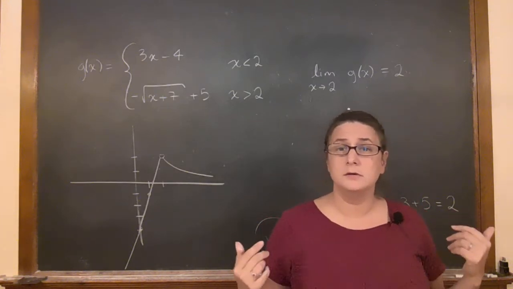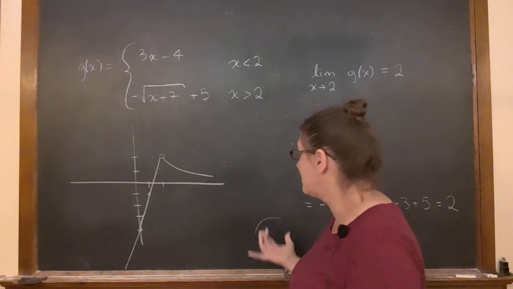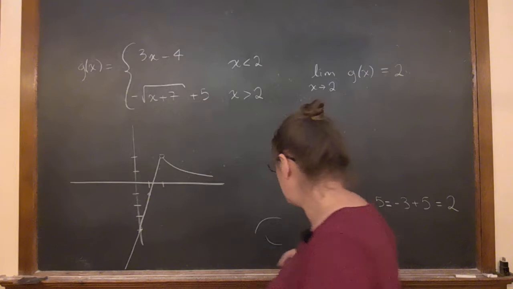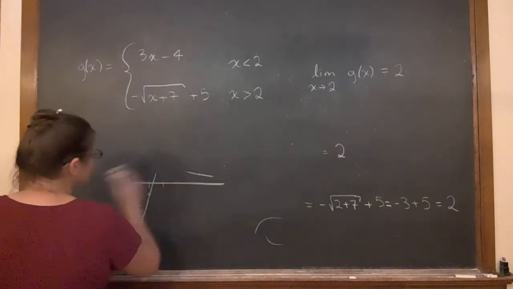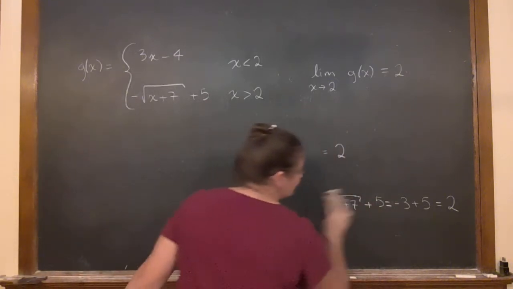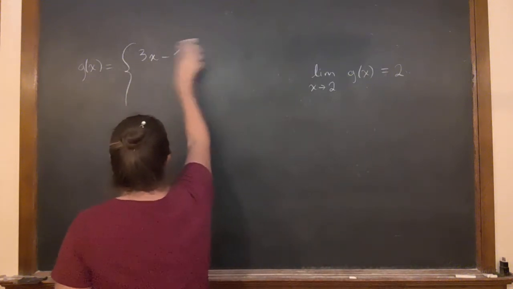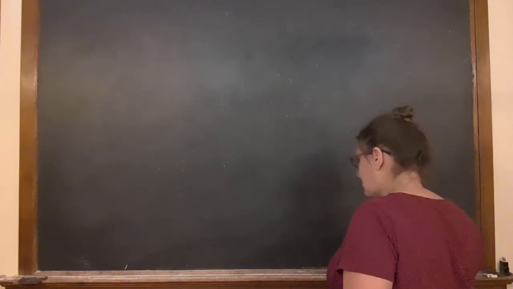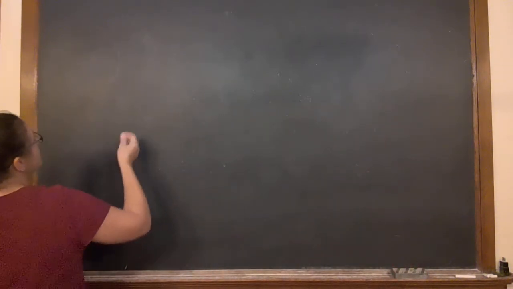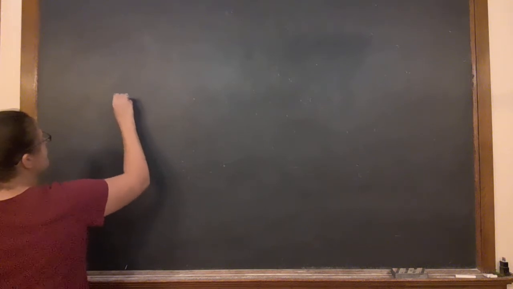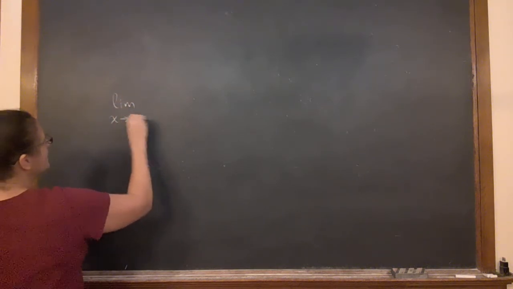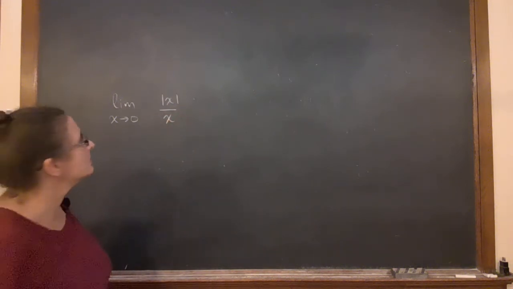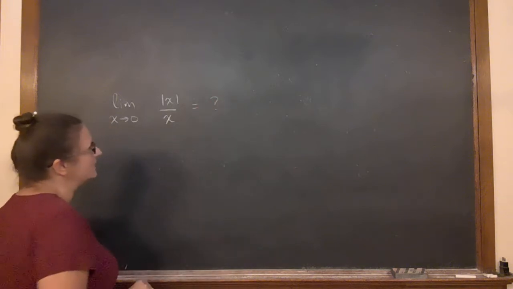Very common, I didn't do one with an absolute value, but you often do this with absolute value as well, if you're doing a limit with an absolute value, because it's a piecewise defined function. So let me skip that one and do one a little bit different. If I have the limit as x goes to 0 of absolute value of x over x, this is a good question mark, right?